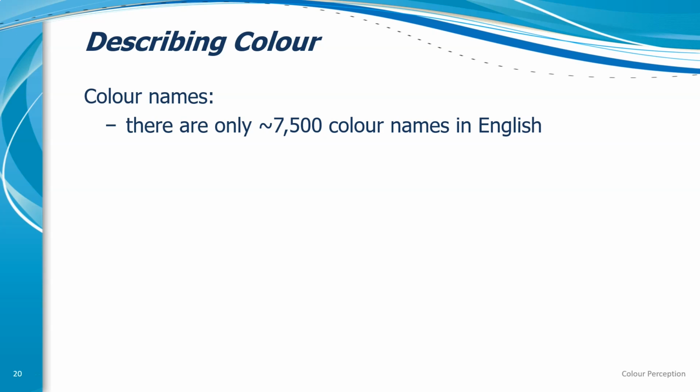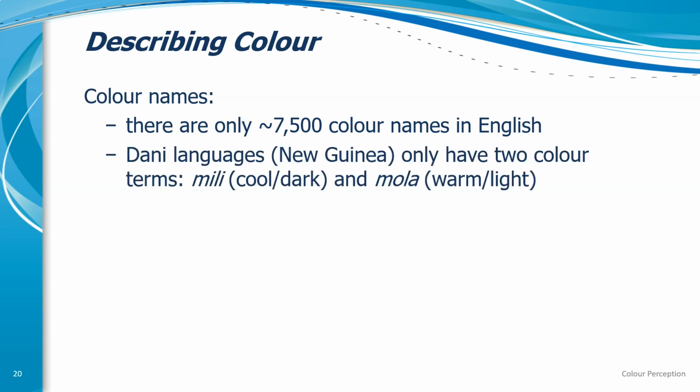If we compare English to other languages, though, other languages are not the same as English necessarily. So, for example, the Dani people of New Guinea have two color terms: Mili, which is cool dark colors, and Mola, warm light colors. Do these people have some kind of genetic defect in which they can't see colors?